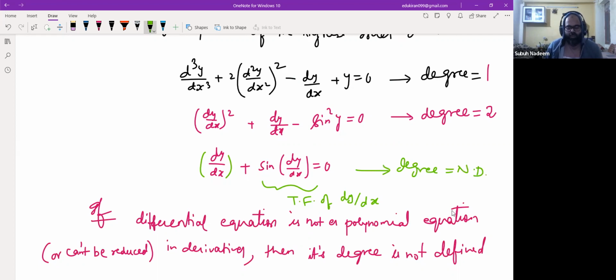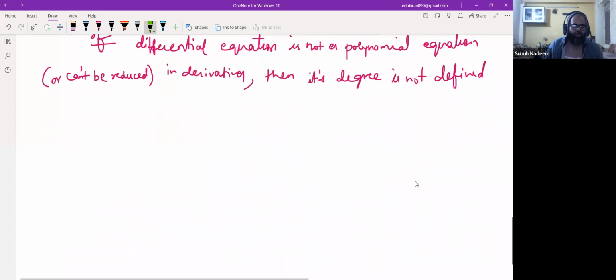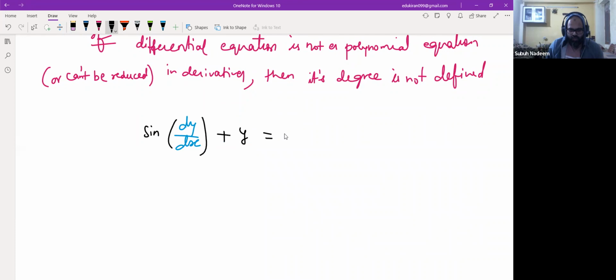So for degree to be defined, the differential equation should be a polynomial equation in derivatives. Now, if we have, let us write it like this, sine of dy by dx plus y is equal to 0.